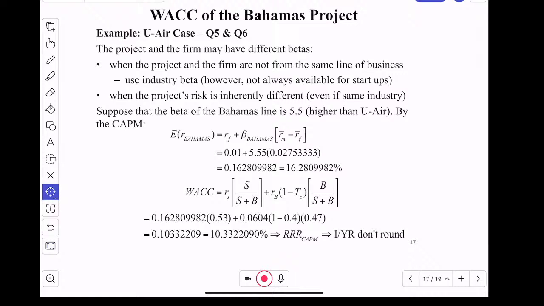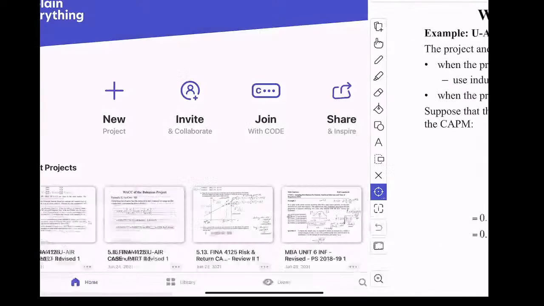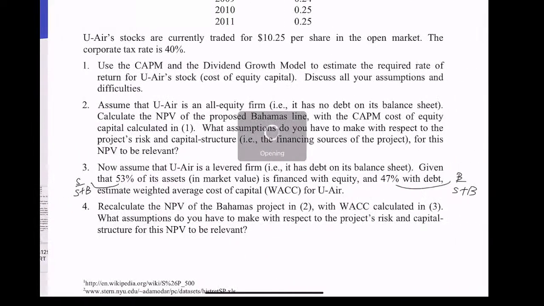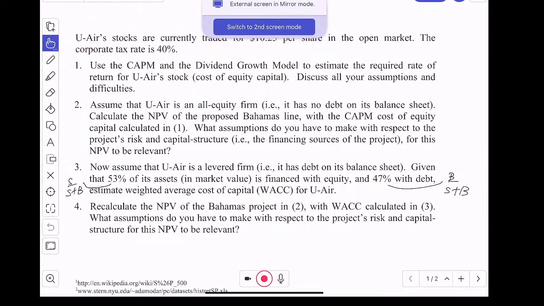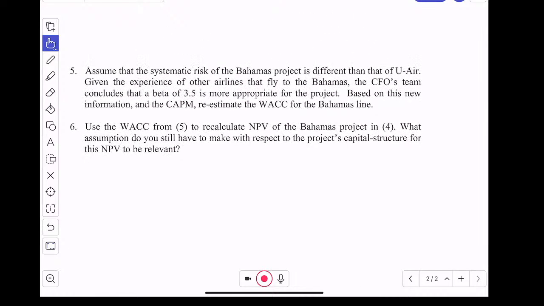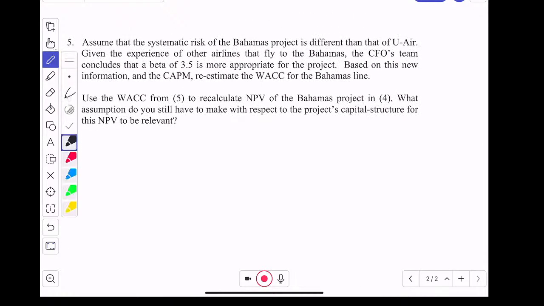Actually, the beta that I'm going to give you is very high. It's 5.5. Although in the case I had a smaller number, somehow I changed it to 5.5. I actually said 3.5 in the case, but we made that 5.5.